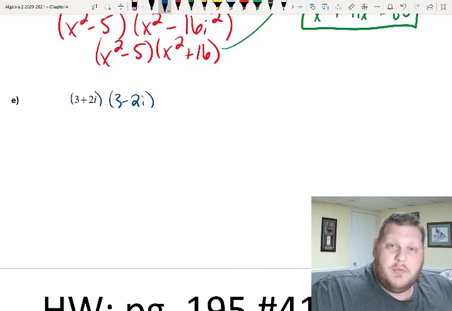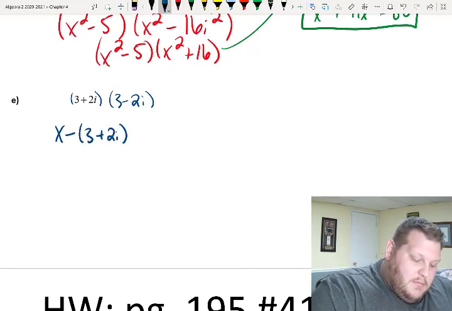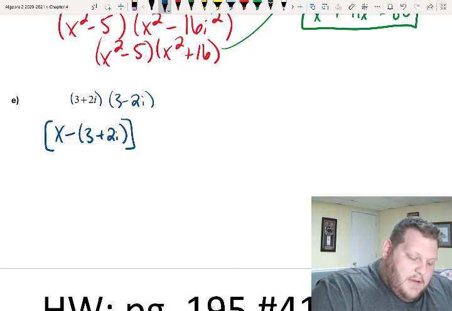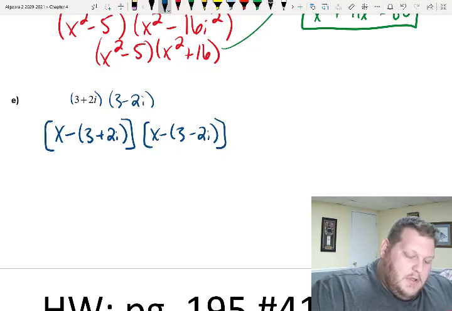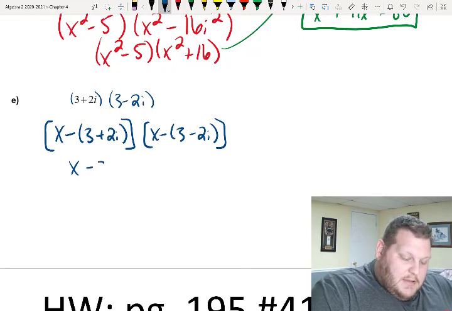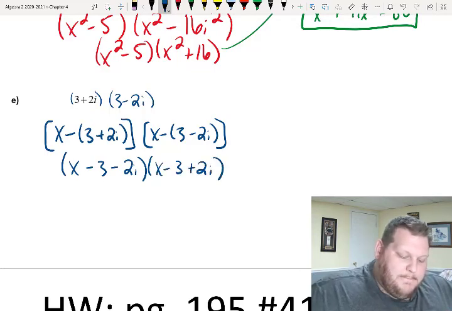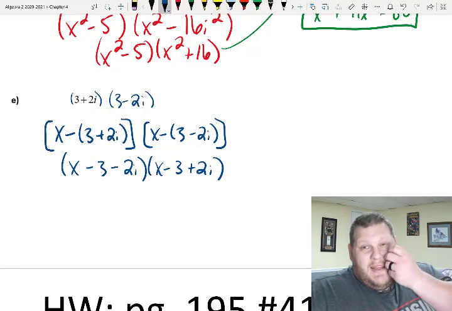Remember, these are still my roots, so I still have x minus 3 plus 2i, and then I have x minus 3 minus 2i. So if I distribute my negative here, I've really got x minus 3 minus 2i times x minus 3 plus 2i. And I have to multiply that together.